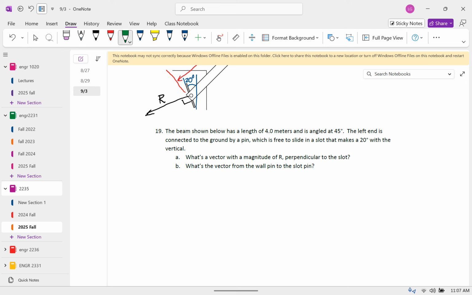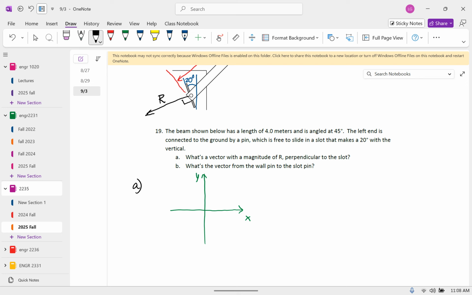So I'm going to start with, okay, so this is A. I'm going to start with my coordinate system. And the vector that I'm going to choose to represent that slot, I want you to notice that I could choose two different vectors to represent that slot.